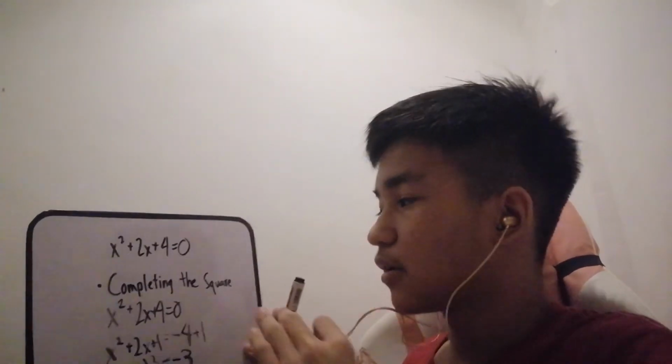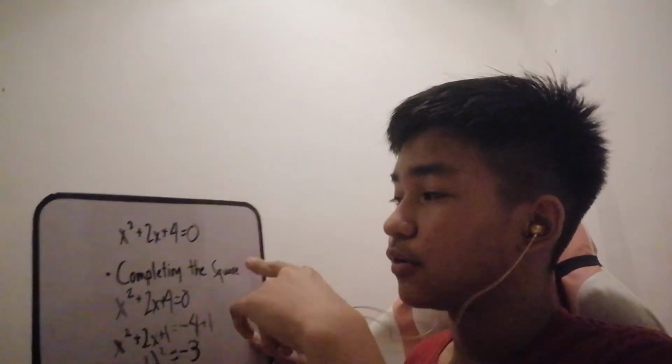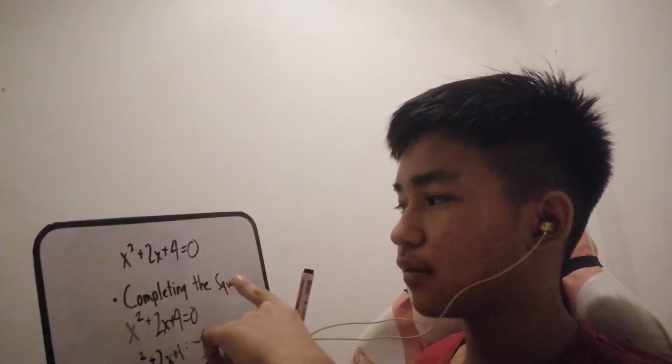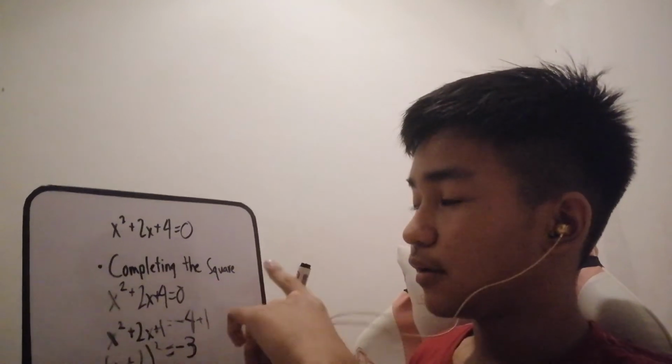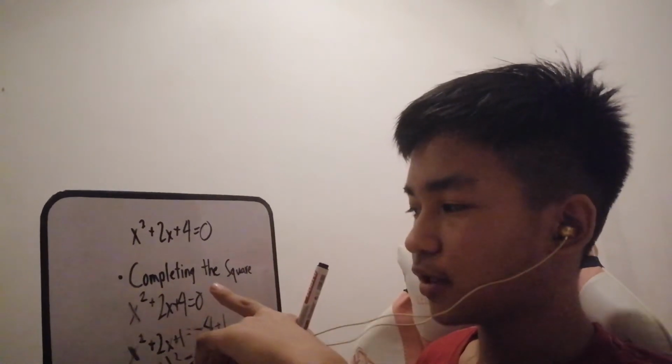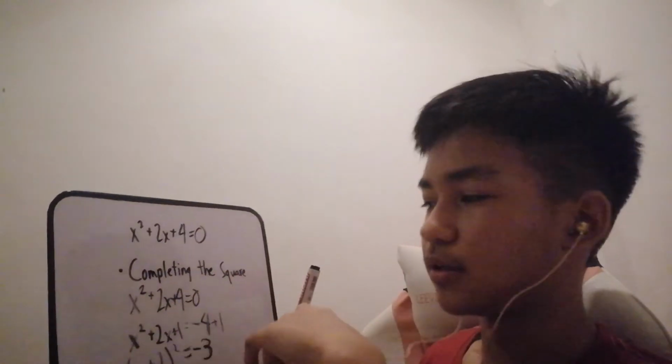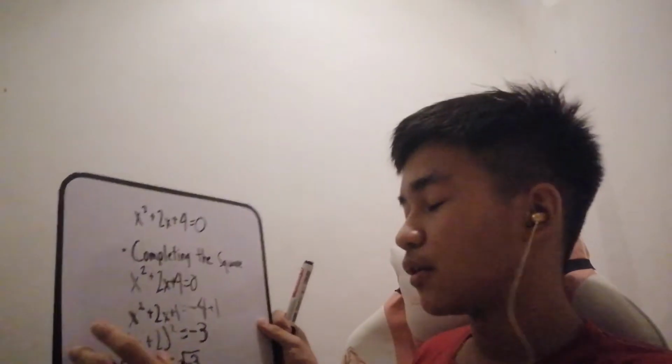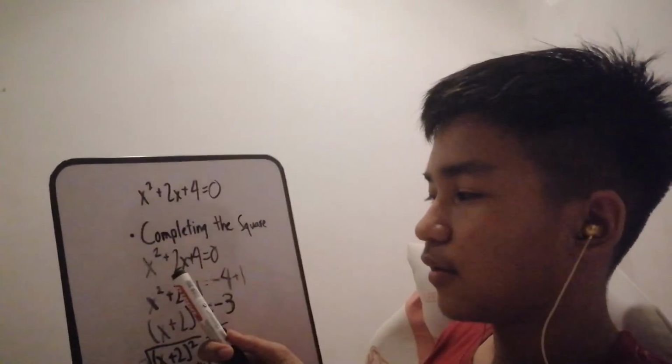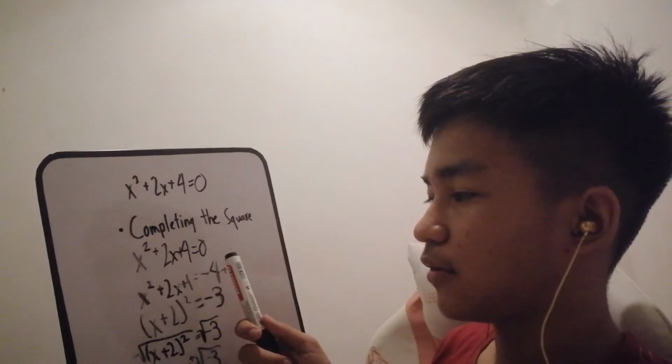So now, our third method is called completing the square. So this given x squared plus 2x plus 4 is equal to 0, we will now convert it through the completing the square method. So it will be x squared plus 2x plus 4 equals 0.